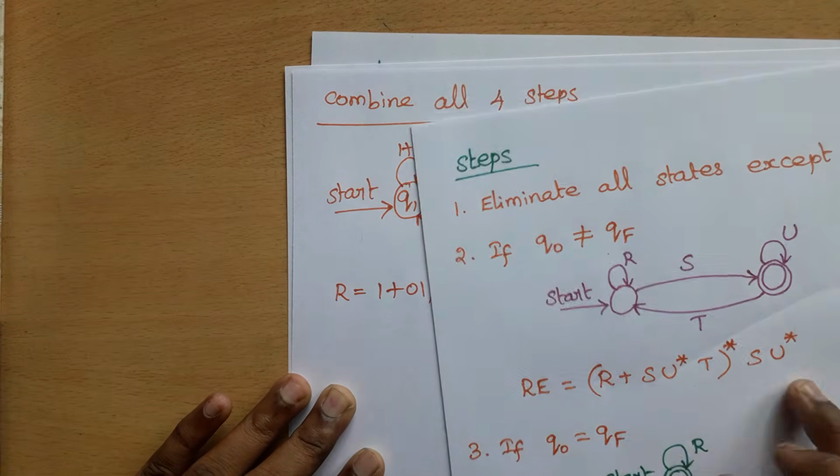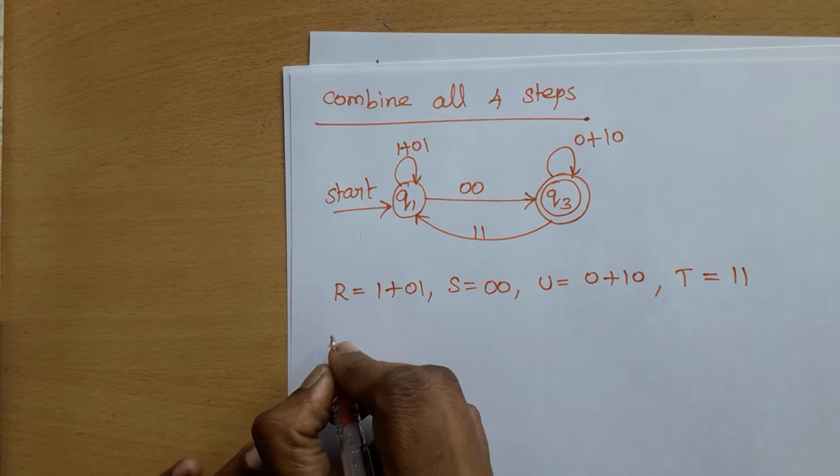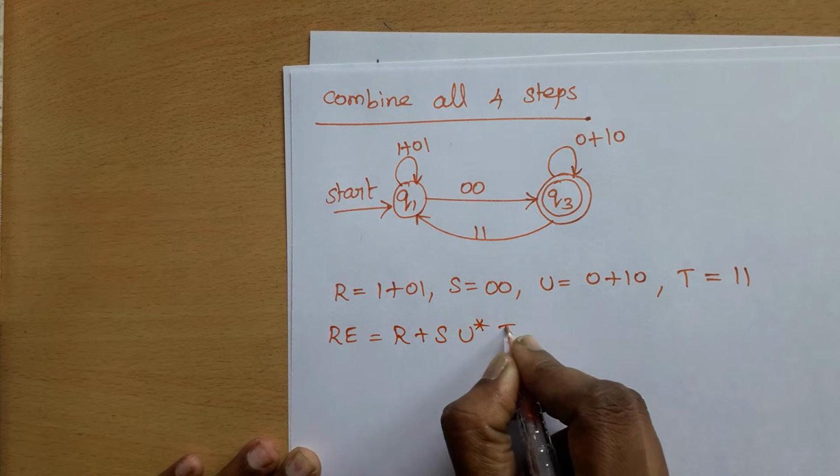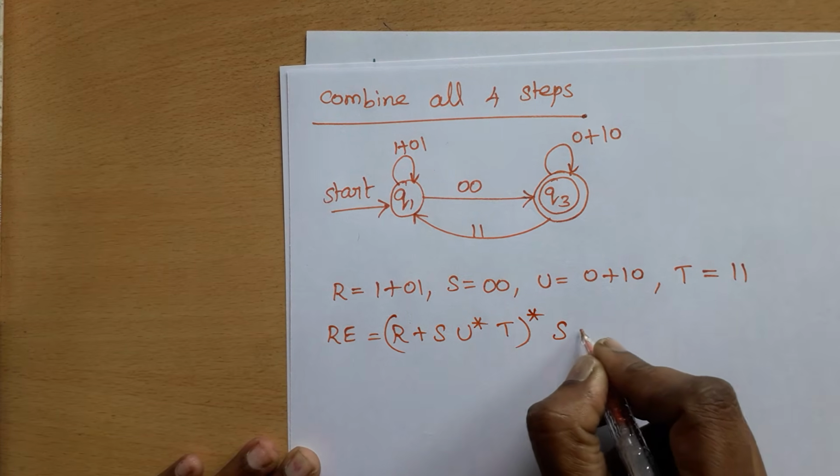Now we need to substitute all these notations in the formula. R plus S U star T whole star S U star.